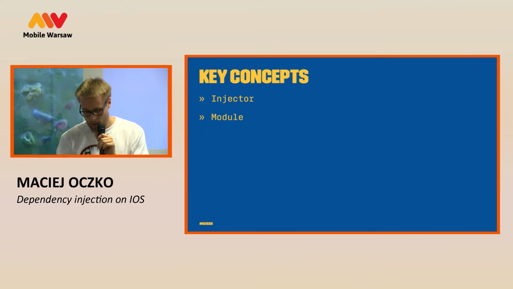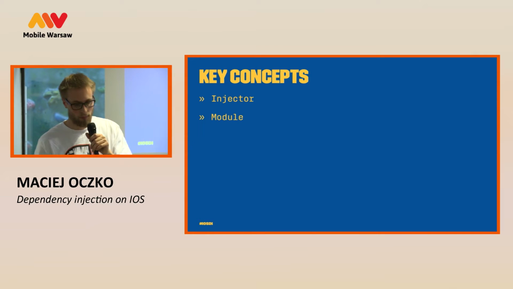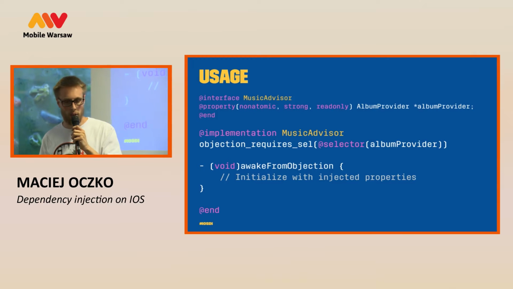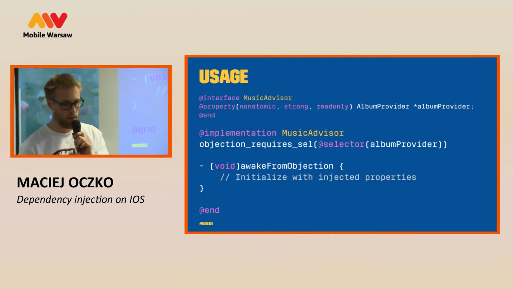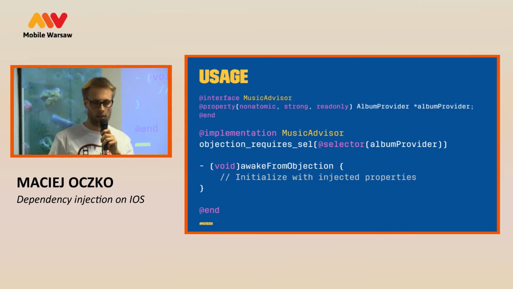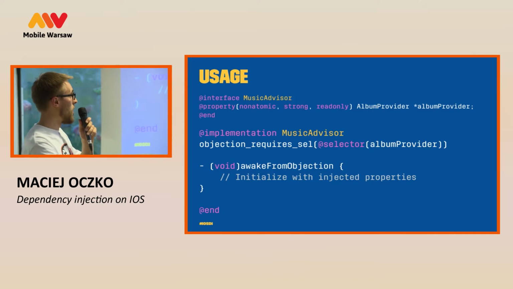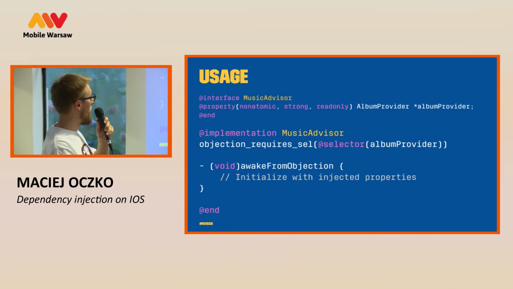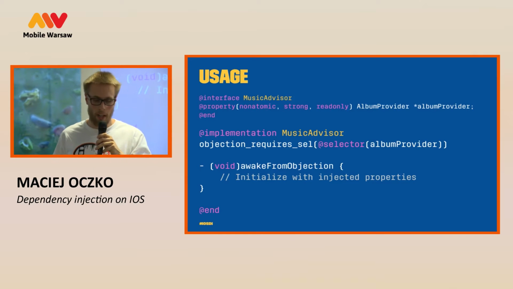So let's move to key concepts. There is an injector and there's a module. And how would I use it in my code? As you see, we stick to our music advisor. Let's imagine that we have this property album provider, and we want to use it. We want to inject it with our great framework.